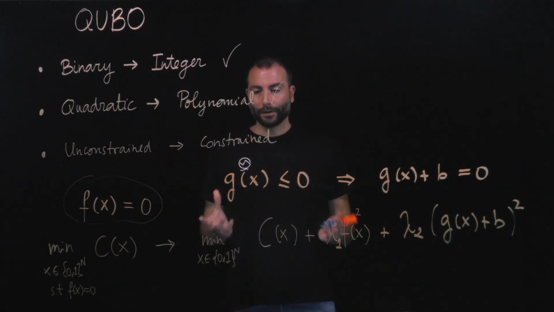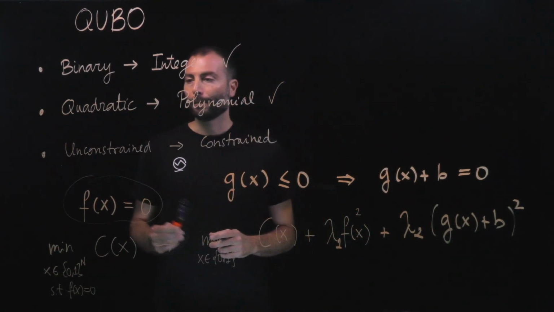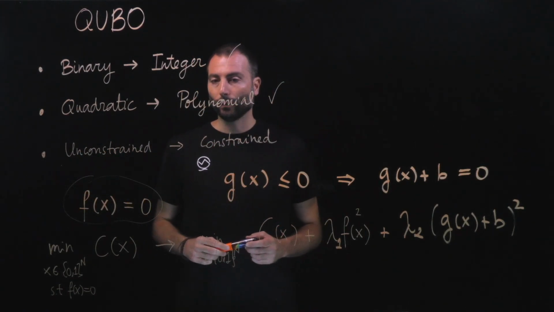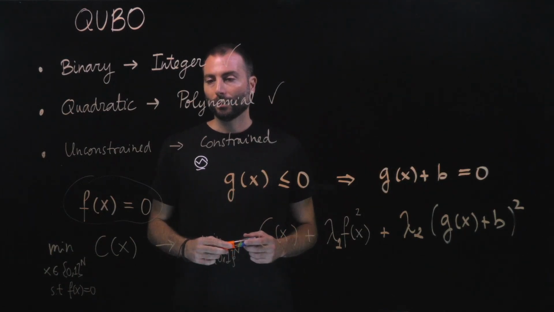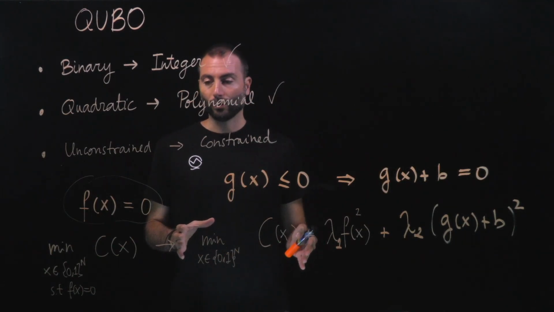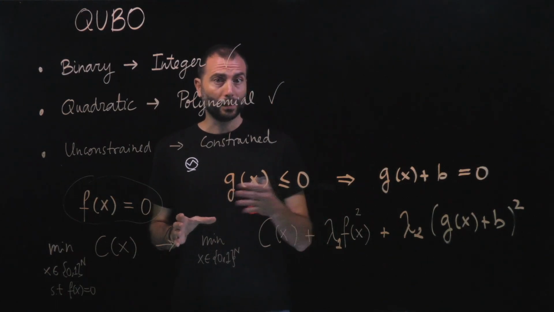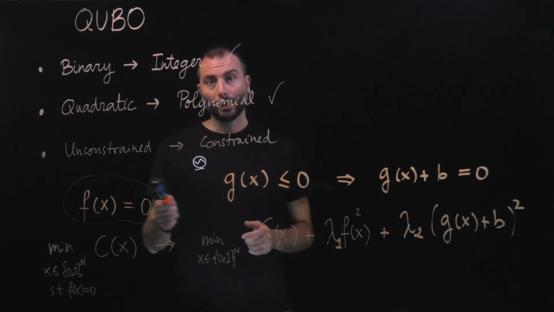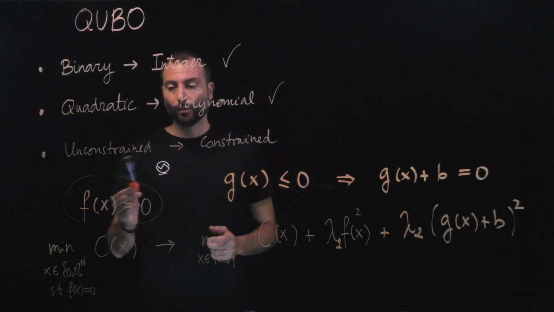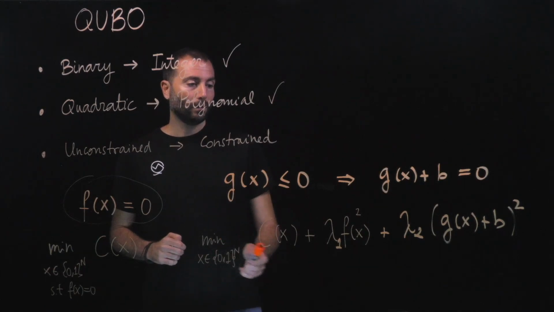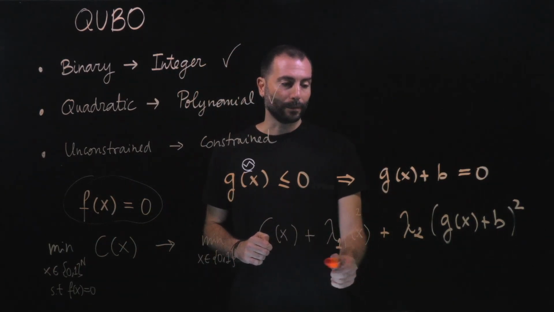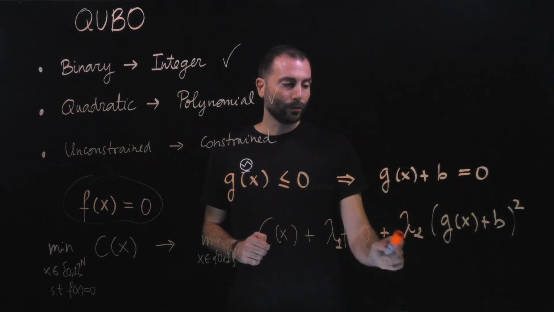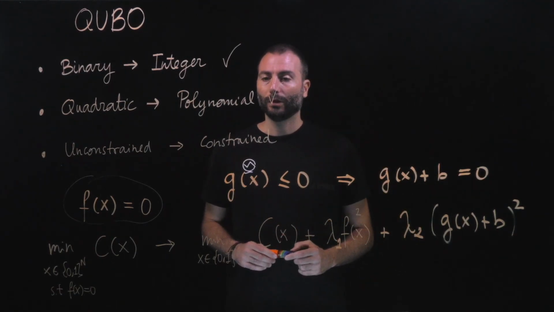And so we have seen that constraint problems, so problems in which in our space of solutions we don't consider them all, but just the ones that fulfill some particular constraints, can also be mapped into a QUBO formulation at the cost of adding extra terms here. And the art in this situation is choosing properly this Lagrange multiplier.